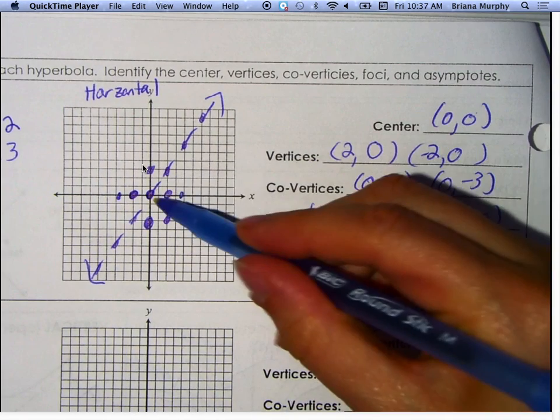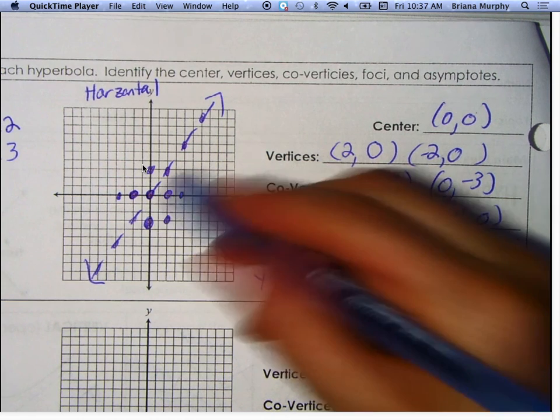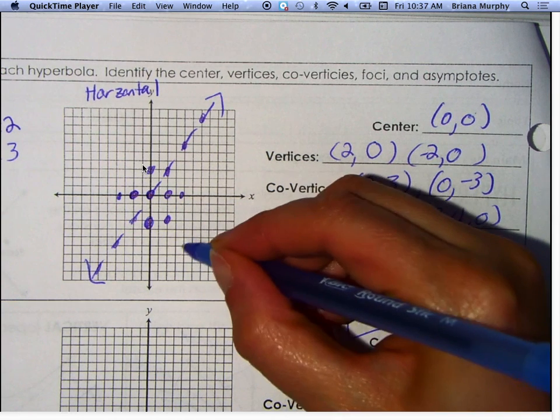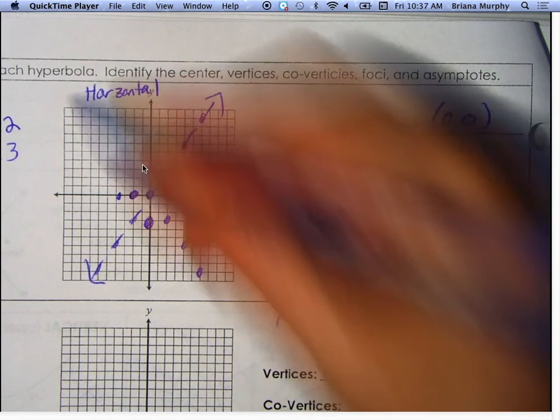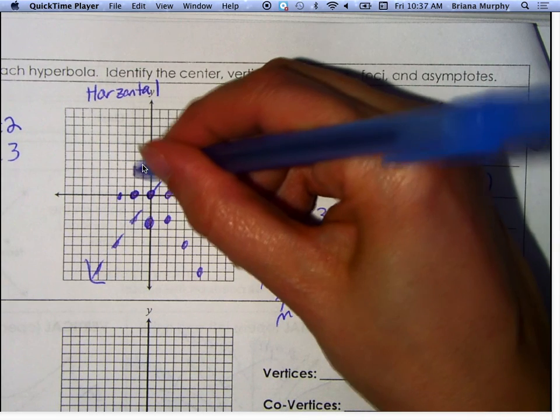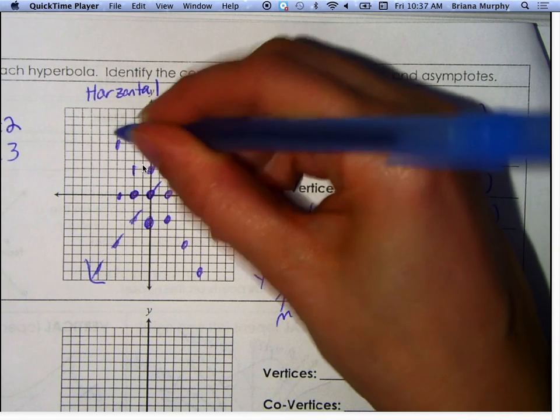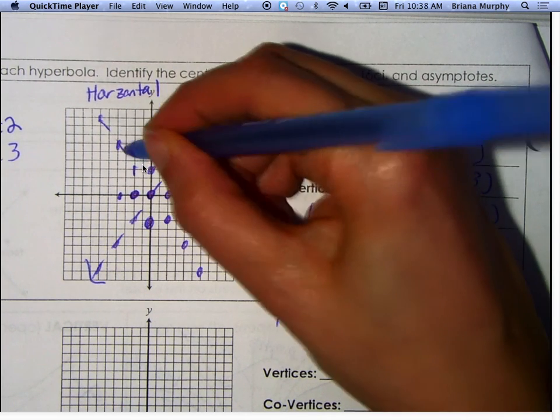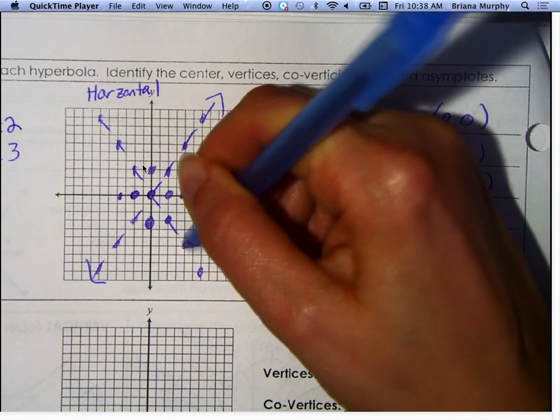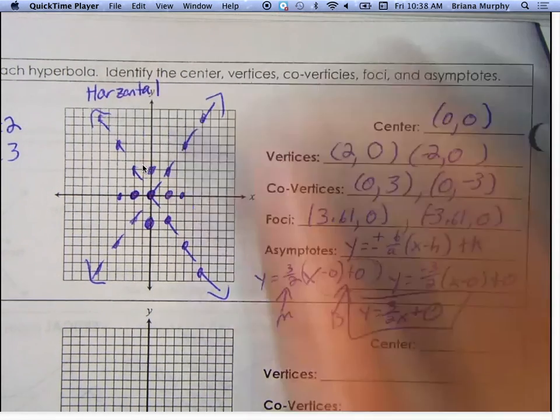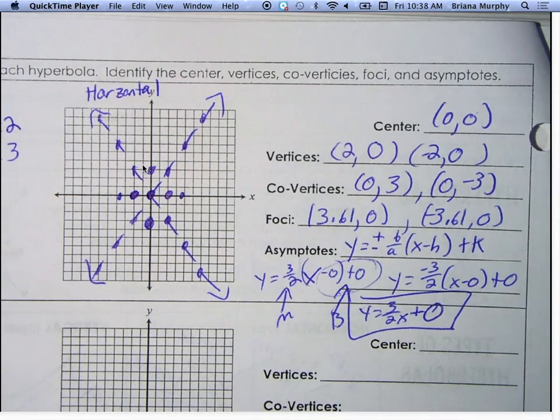So I'm going 0, 0, down 3 over 2, down 3 over 2, down 3 over 2, or up 3 over negative 2, up 3 over negative 2, up 3 over negative 2. Okay. Now what I'm going to do is draw a box through the vertices, co-vertices, and the asymptotes.